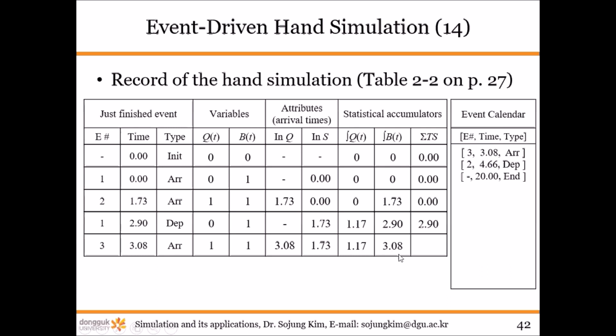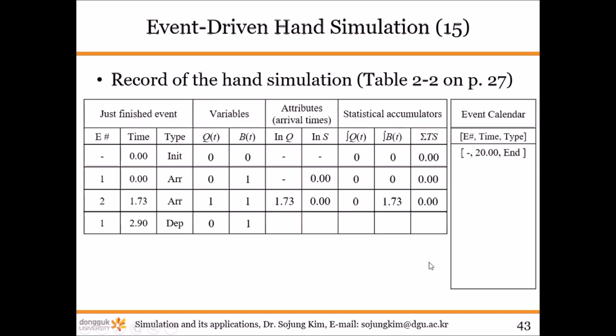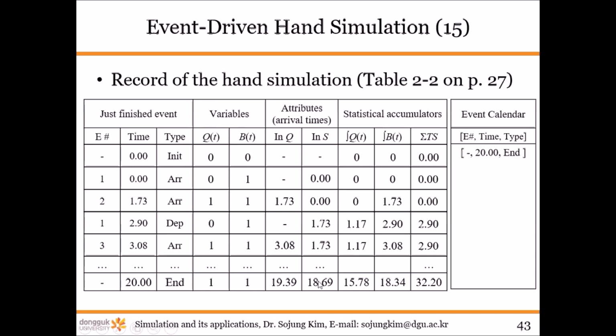So that's why this one is 3.08, and the total time in system is still the same, 2.9, because there was only one departure event. So tally statistic is only updated when we have a departure event, okay? Unlike a time persistence statistic, tally statistic is only updated when we have a departure event. Okay, so at the end, we have this kind of number. If you look at the textbook, you will have the same value.